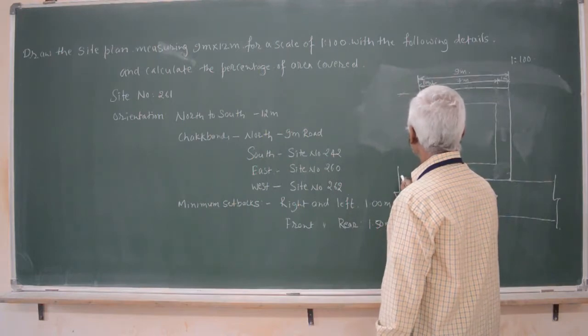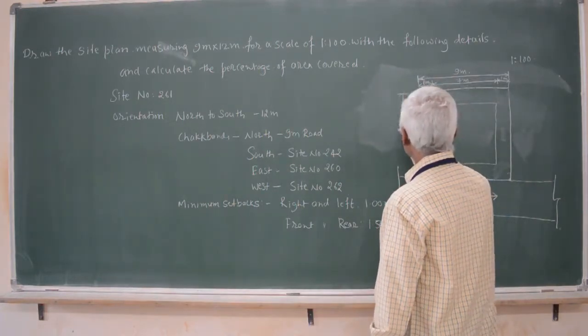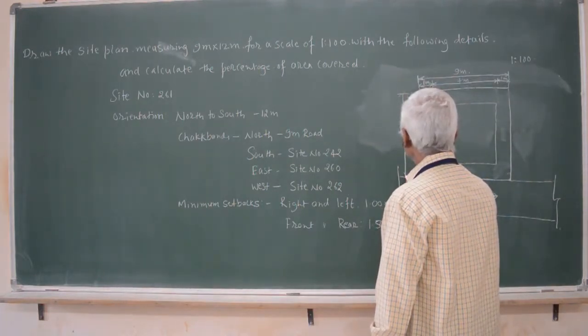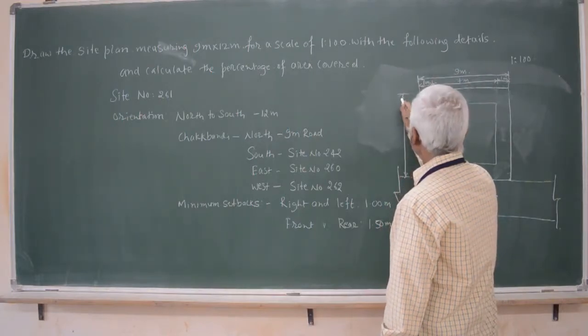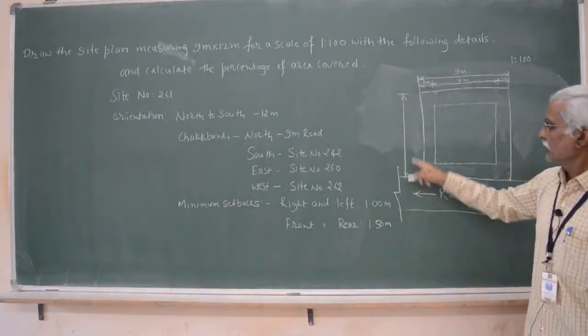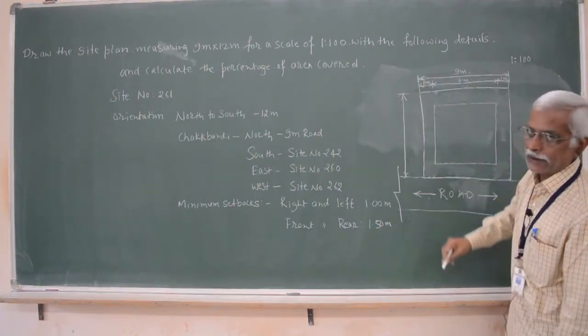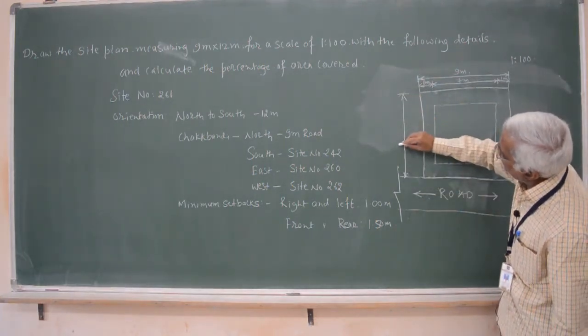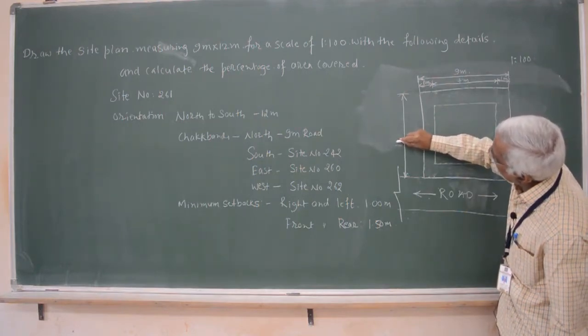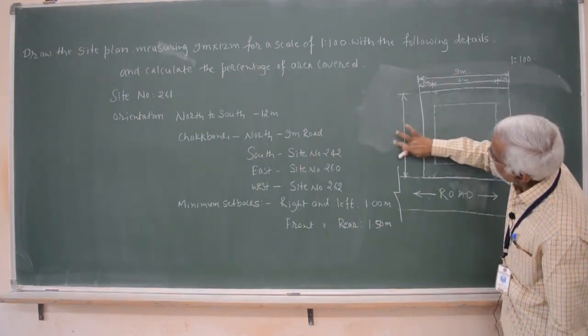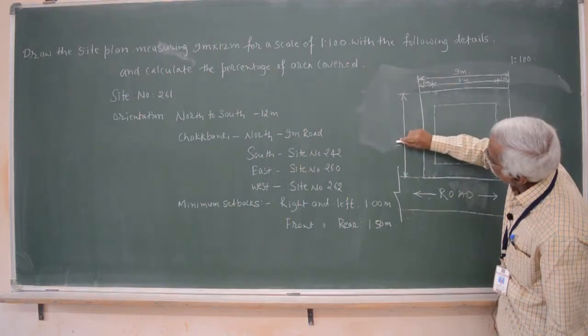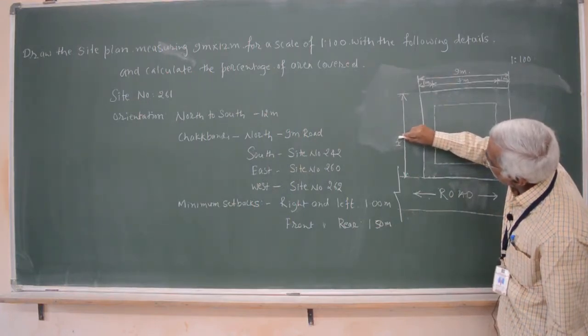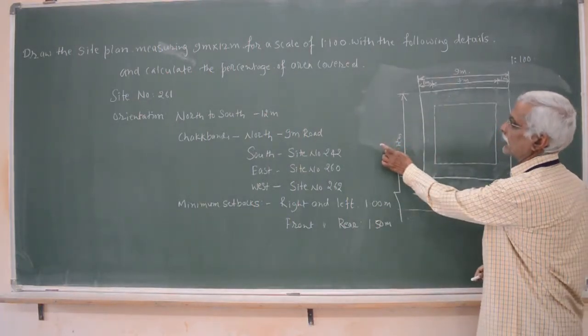Now from here, you have to draw one more vertical line here and draw the arrows here, and always it is in vertical direction. You have to write in vertical direction also, not in horizontal.